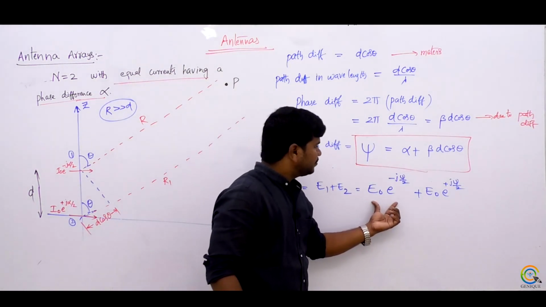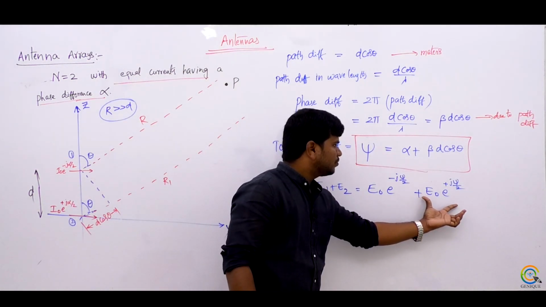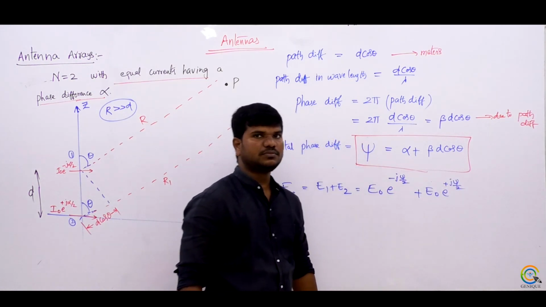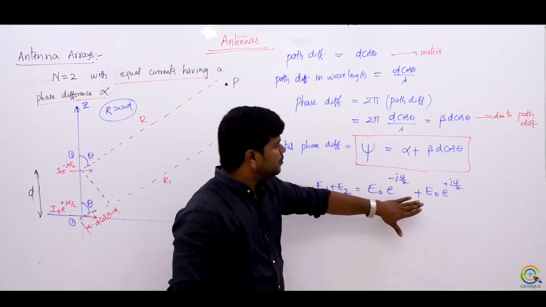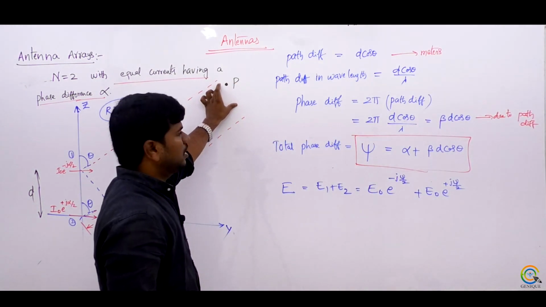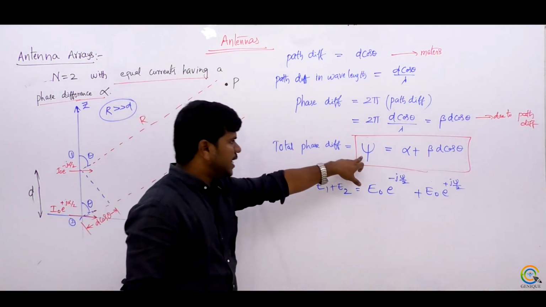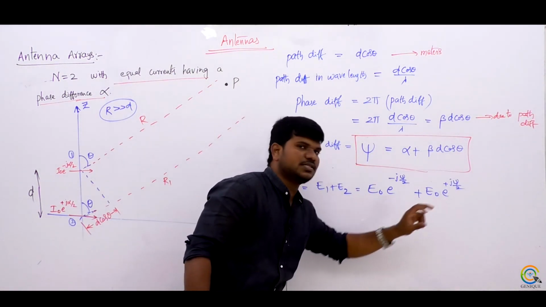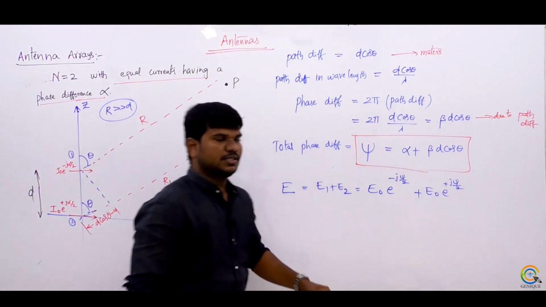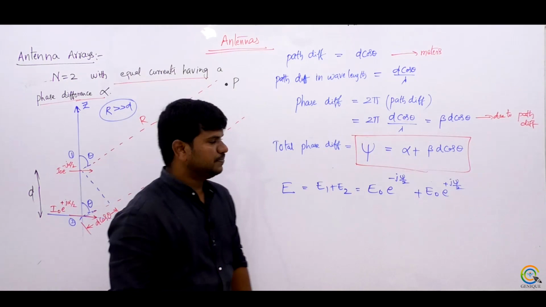Why have I taken this? What is the phase difference between these two? This phase minus this phase is how much? Psi. So the fields produced at the far distance have a phase difference of psi, and in such a way I am writing this. Because of these currents I am getting the corresponding field strength at a faraway distance.